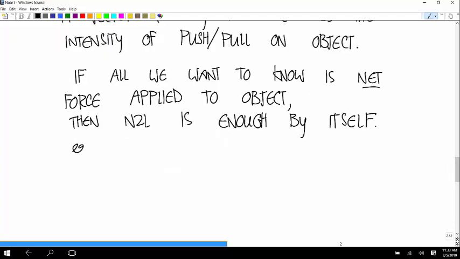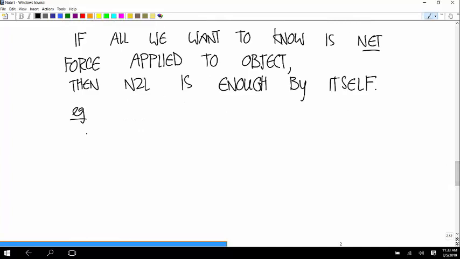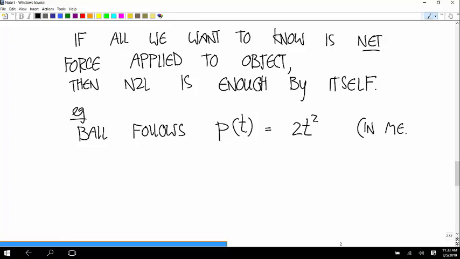So for example, let's say that a ball follows the position function: position is a function of time of 2t squared. Let's say this is in meters. This is a 1D example, by the way.